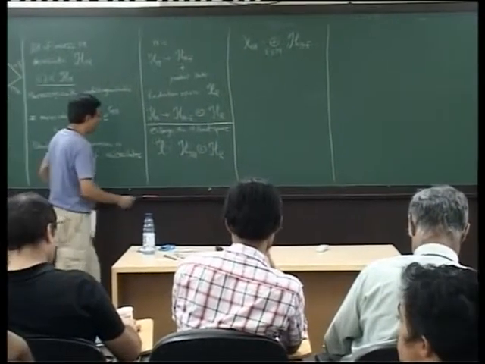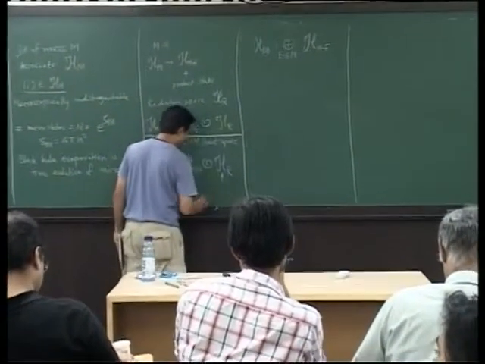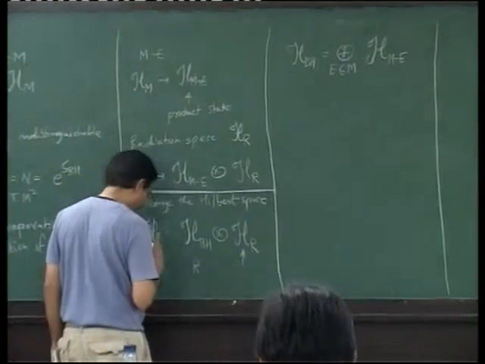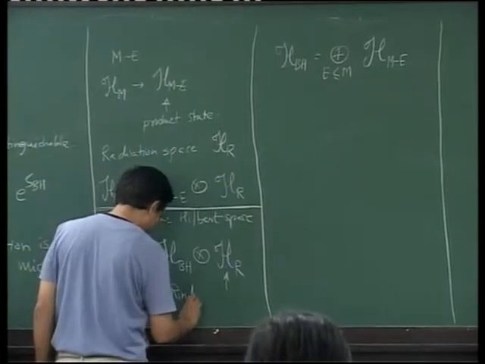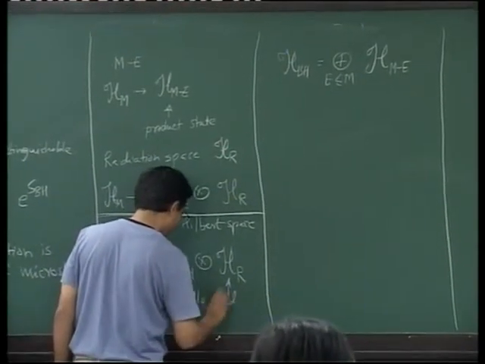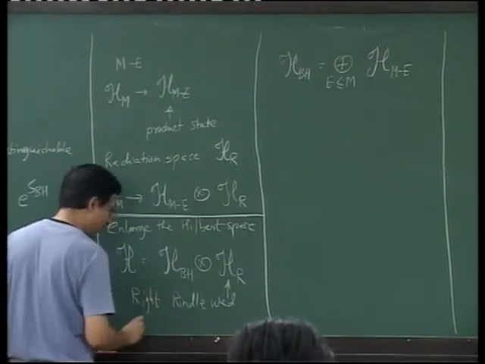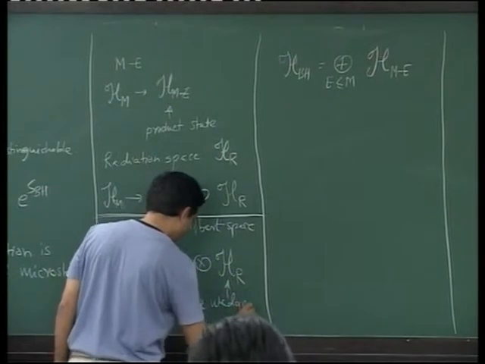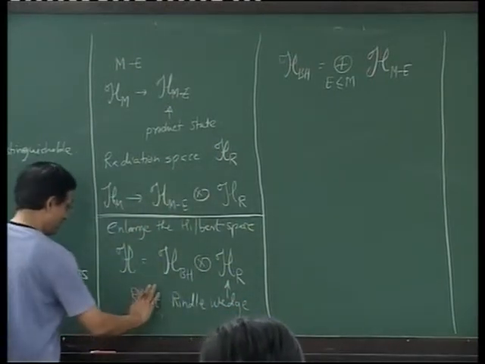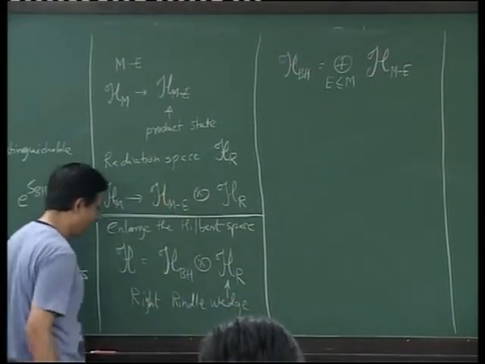So as I said, this H_R is a radiation Hilbert space which belongs to the Rindler wedge. Right, in the sense of not being correct but right.